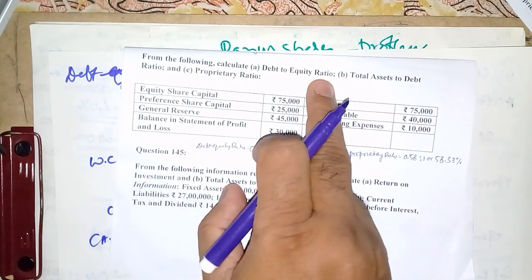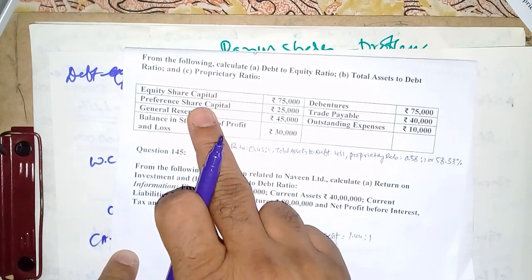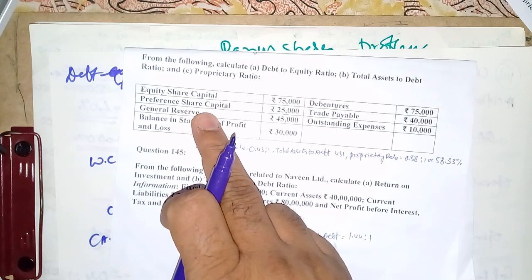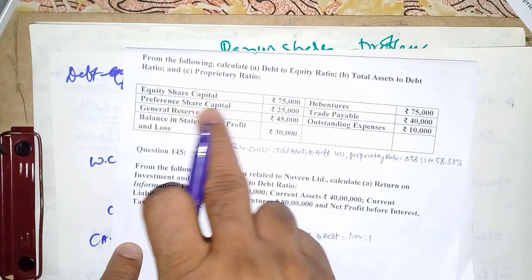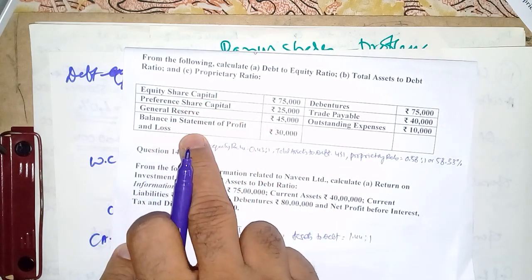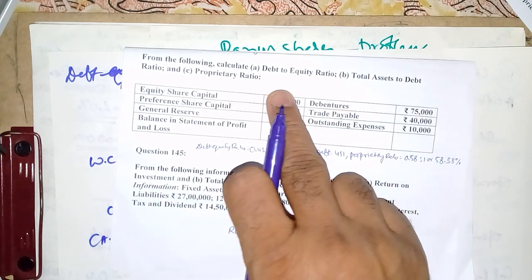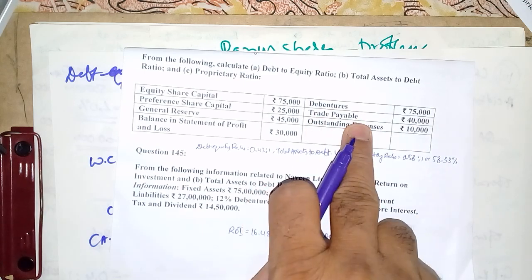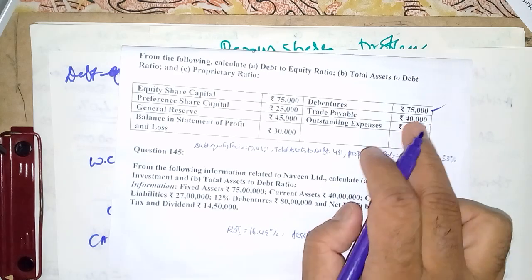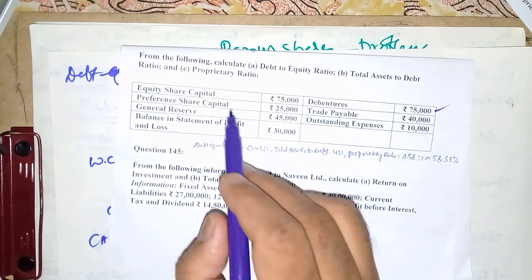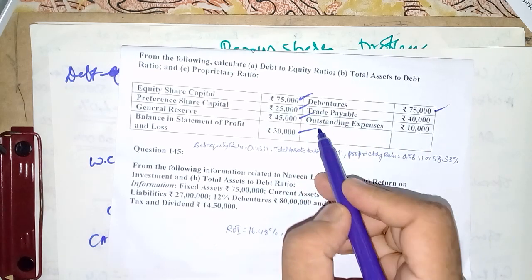From the following, calculate debt equity ratio, total asset to debt ratio and proprietary ratio. Debt equity ratio is long term debts divided by shareholders fund. The items in the question are equity share capital, preference capital, reserve, balance in statement of profit and loss, debentures, trade payables and outstanding liabilities. So debentures 75,000 is our long term debt, and the shareholders fund comes to equity share capital, preference capital, reserves and balance in P&L.